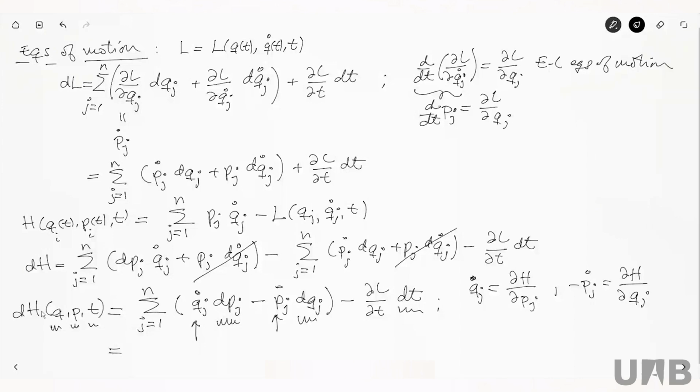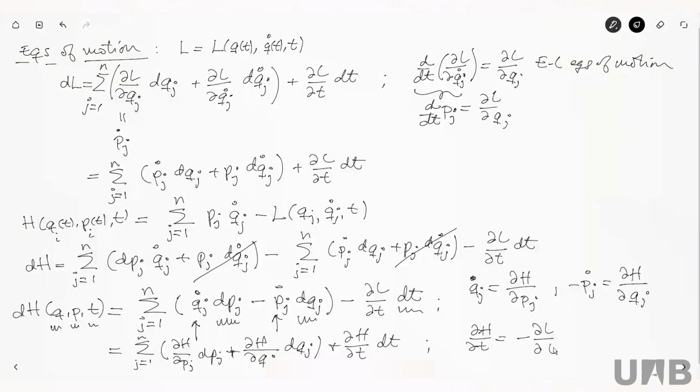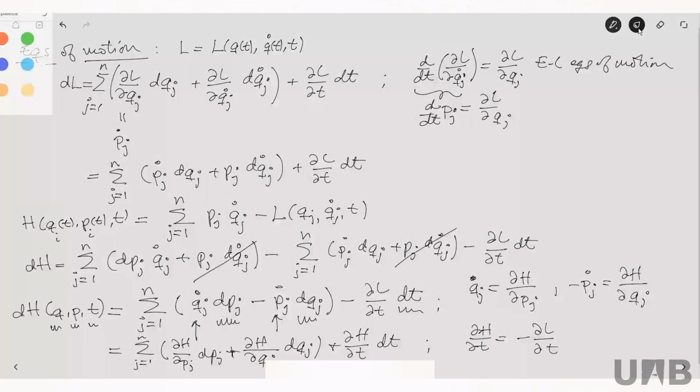Because the differential of the Hamiltonian is obviously the sum from j equals 1 up to n of the derivative of the Hamiltonian with respect to pj dpj plus the derivative of the Hamiltonian with respect to qj dqj plus the derivative of the Hamiltonian with respect to time dt. Okay? And then I can just identify term by term. And the last one is that the derivative of the Hamiltonian with respect to time equals minus the derivative of the Lagrangian with respect to time. So these are the equations.